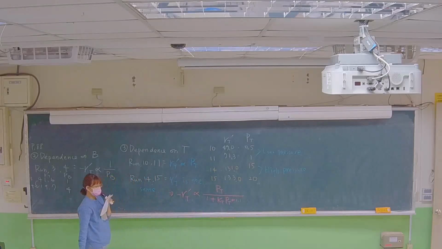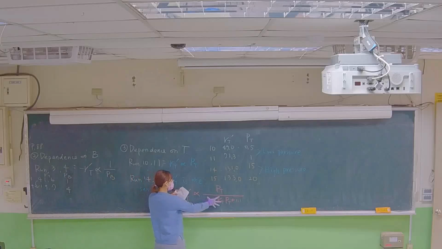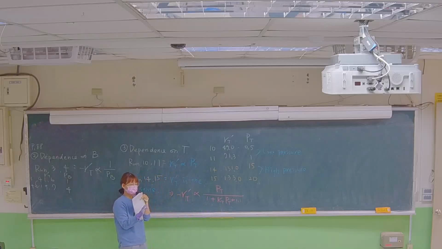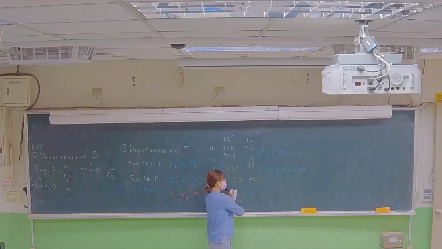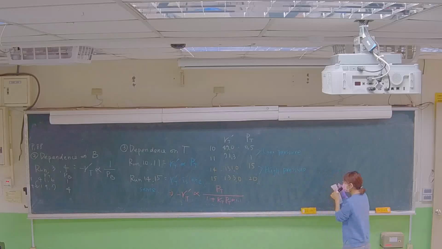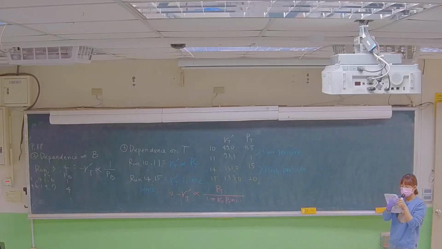Please remember what will be put here. Here should be 1 plus something, right? We have written it down so many times. For the rate law here, it must be 1 plus something, must. So that is the conclusion for toluene.